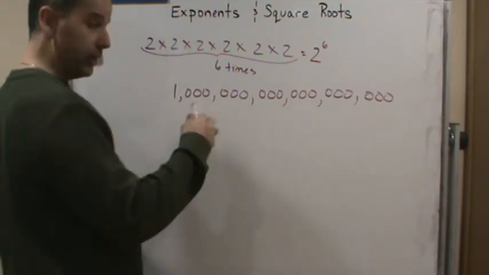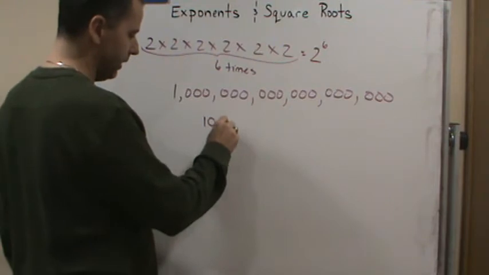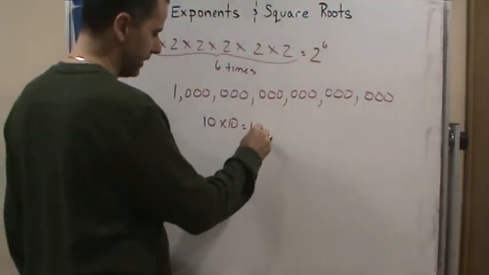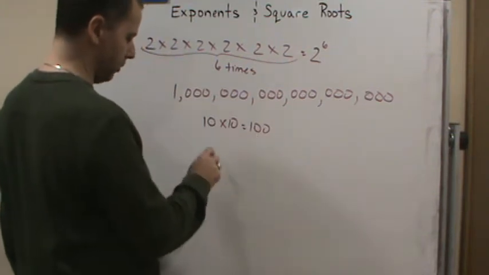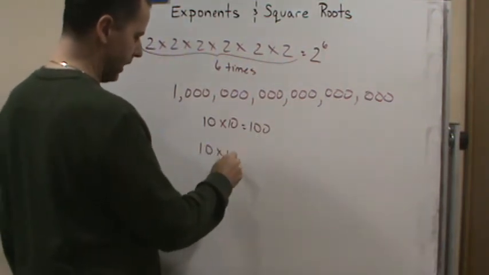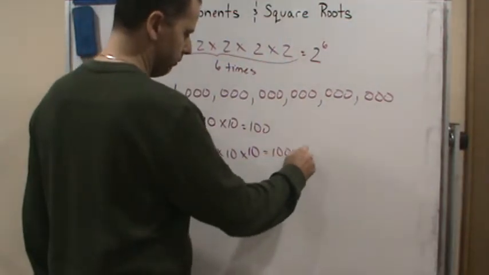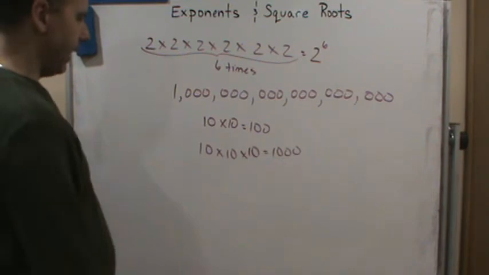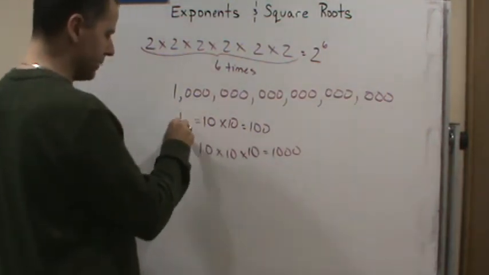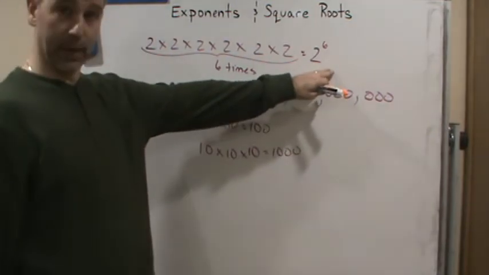Because as we know, if you think about multiplying by 10, if I do 10 times 10, that's equal to 100. So I have 2 zeros. 2 tens gives me 2 zeros. If I do 10 times 10 times 10, well, that's going to give me 1,000. 3 zeros, 3 tens. And of course, I can write this as 10 squared, using my exponential form.